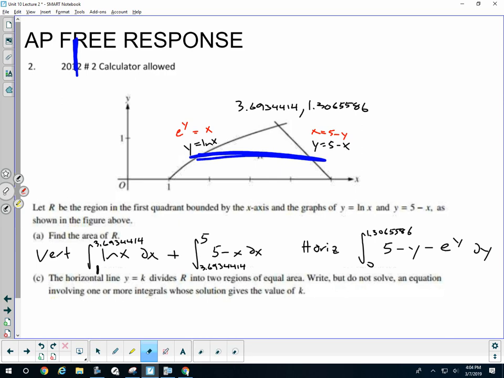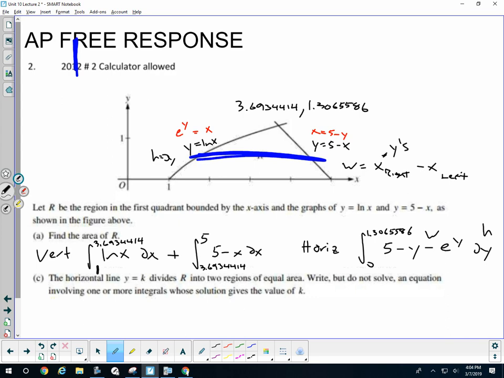Now remember, the width of this is an x distance. The x distance is in terms of y's. You need your equations in y's. That's the width. The height is a very, very small change in y.